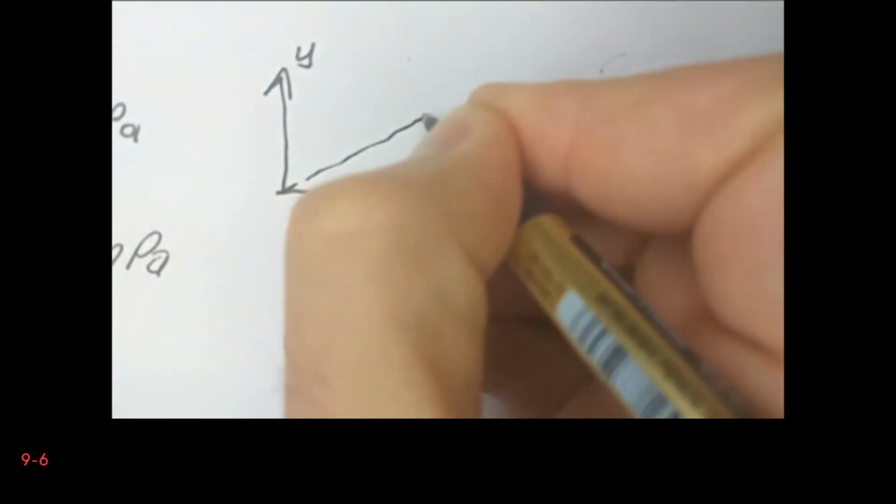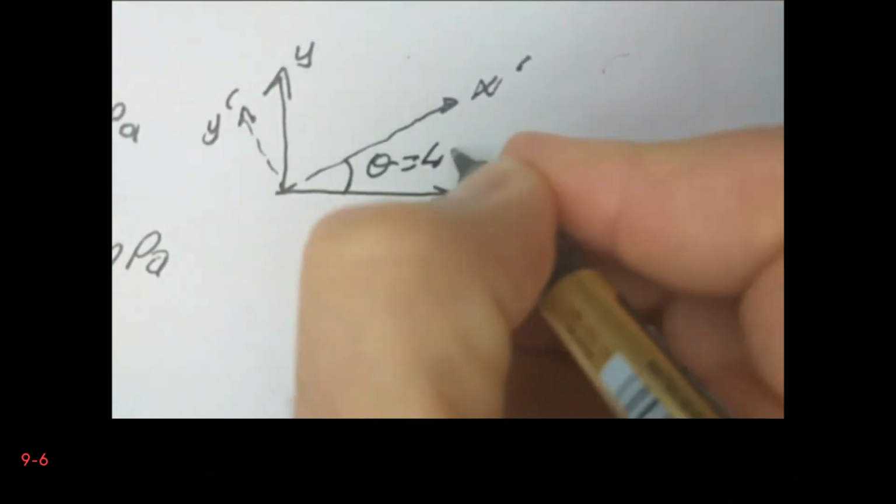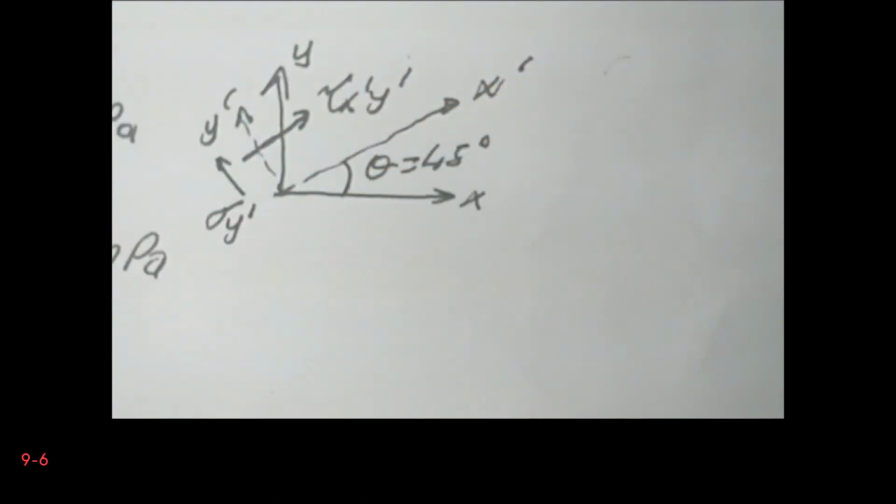If we choose the horizontal coordinate as x, this is what it means. So we have the y here, so we have x prime, y prime, and this is our theta. Theta is equal to 45 degrees. So we are asked for the tau x prime y prime and the normal stress sigma y prime. So let's write the equation.